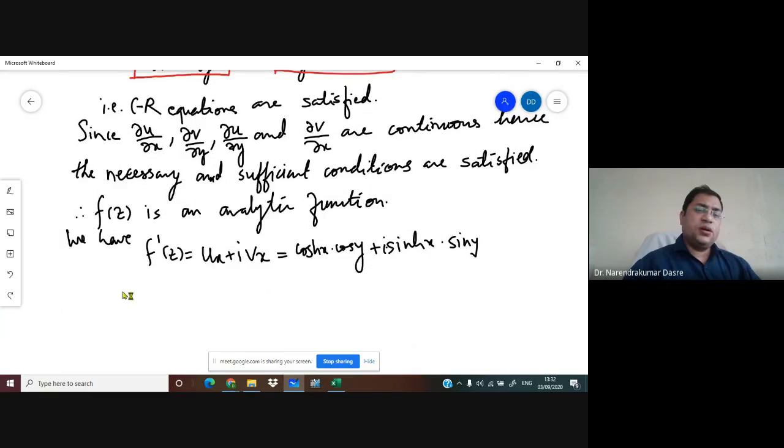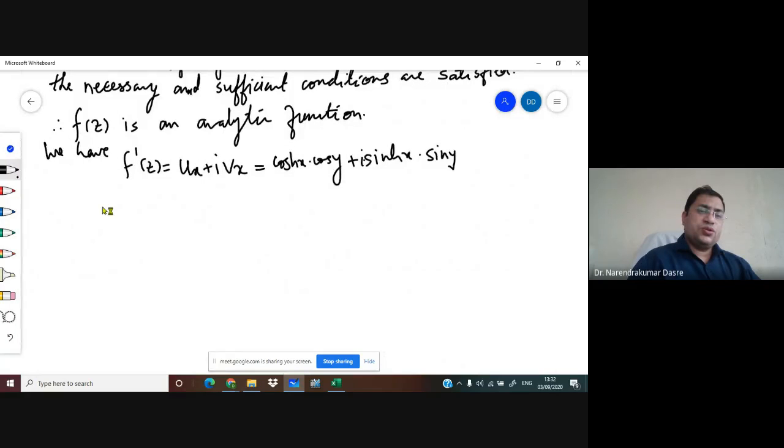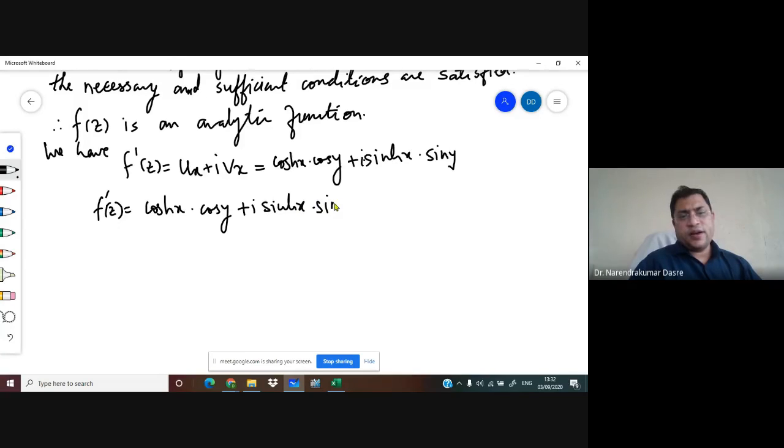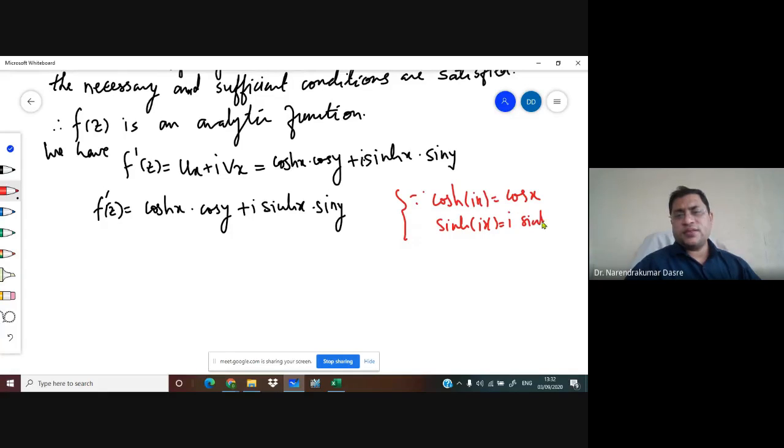Then we have to simplify this. We got f dash of z is equal to cos hyperbolic x cos y plus i sin hyperbolic x sin y. What we know is cos hyperbolic ix is equal to cos x and sin hyperbolic ix is equal to i sin x.